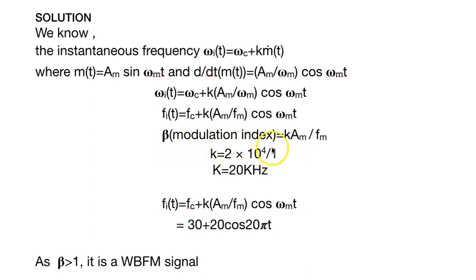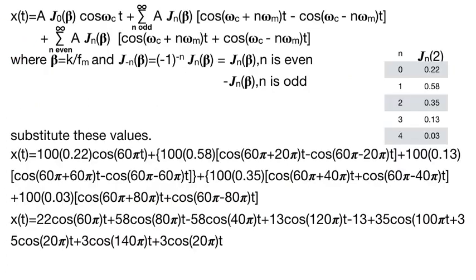Beta is the modulation index, k Am by fm, where k is 20 kHz. If we substitute these values, we get the instantaneous frequency as 30 plus 20 cos 2 pi 20 pi t. If beta is greater, it is a wideband signal. Now for wideband, we already know this equation, and beta is k by fm.